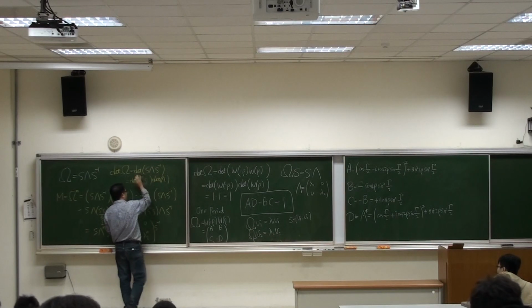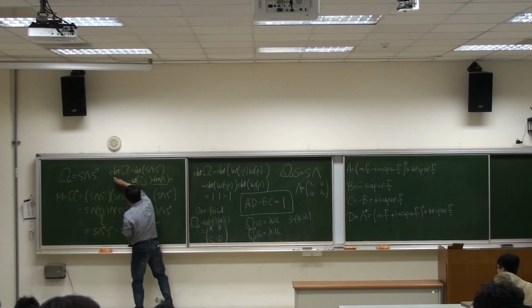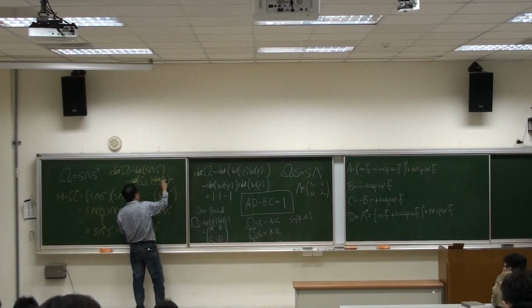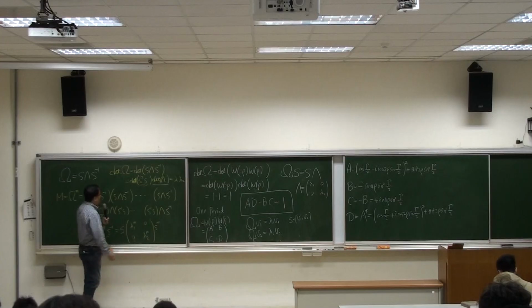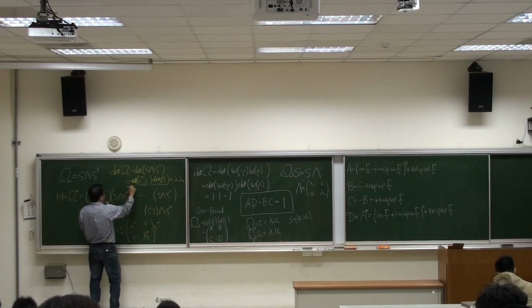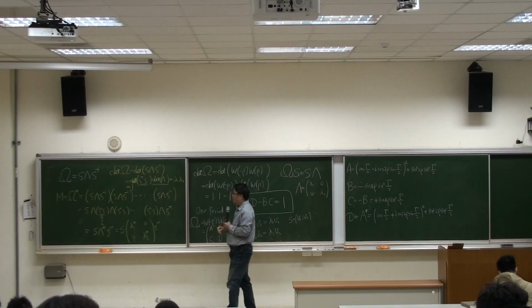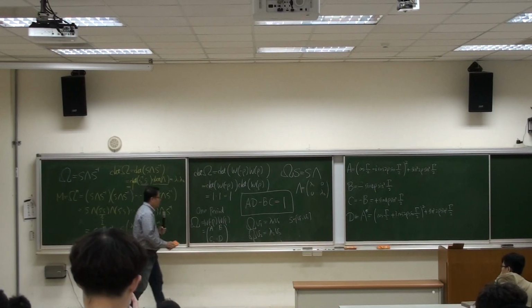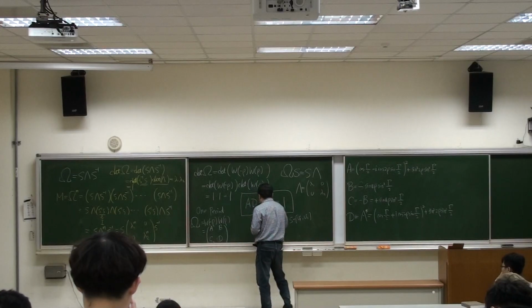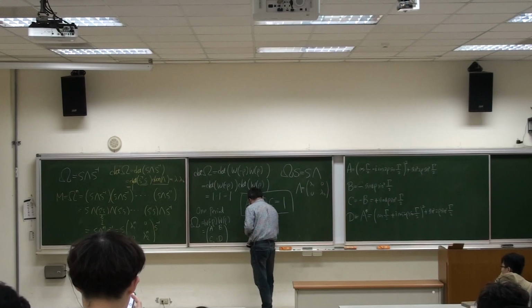So the determinant of the unit matrix is 1. So finally, the determinant of omega is just equal to lambda 1 times lambda 2. Okay. And we know that the determinant of omega is equal to 1. So this means that lambda 2 is the inverse of lambda 1. We have this consequence that lambda 1 times lambda 2 is equal to 1.